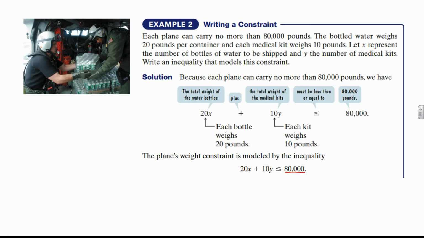Remember that X represents the bottled waters. And each medical kit weighs 10 pounds. Their goal is, how many supplies can we get on this plane to carry to their destination? The medical kits represent Y. So you can see how we build this inequality. It has to be less than or equal to, because we can't go above the weight limit for the plane.